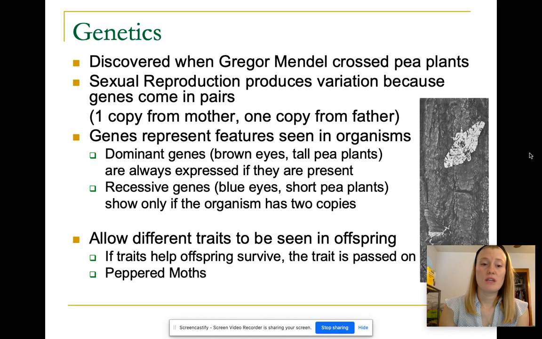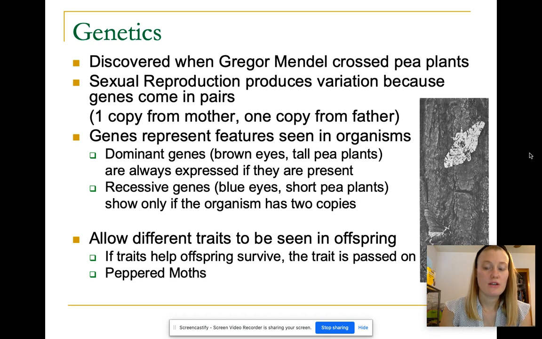We have dominant and recessive genes. Dominant genes will only express themselves if there is a homozygous dominant, which means that both of the alleles are capital with your Punnett square, or if they are heterozygous.